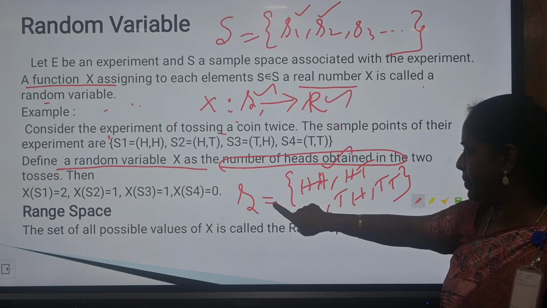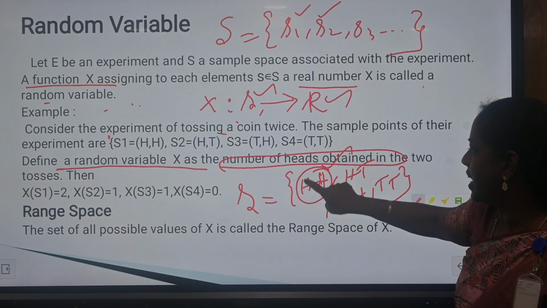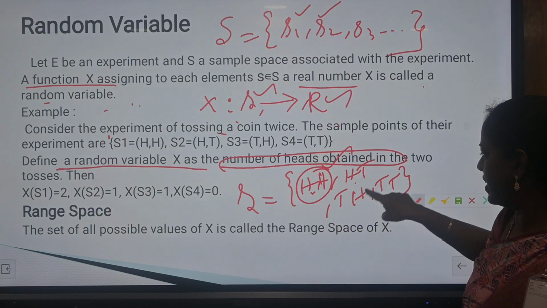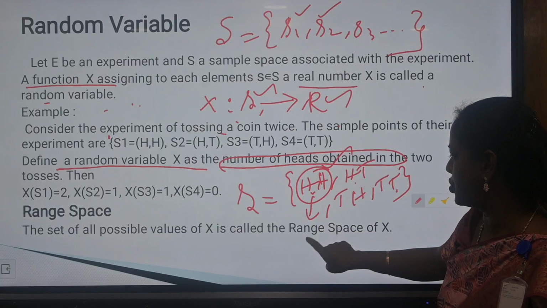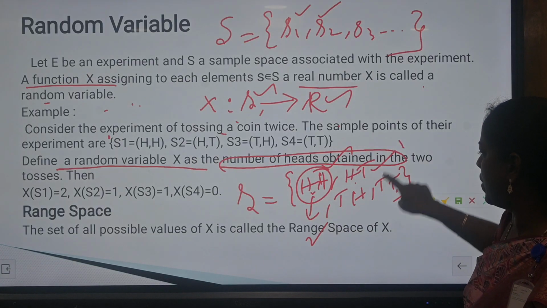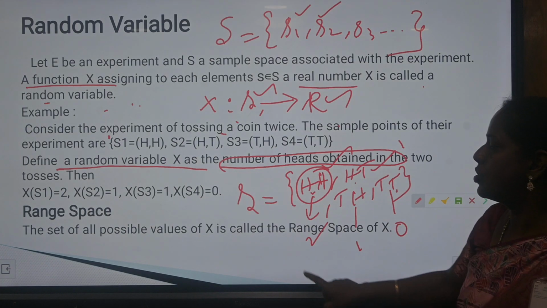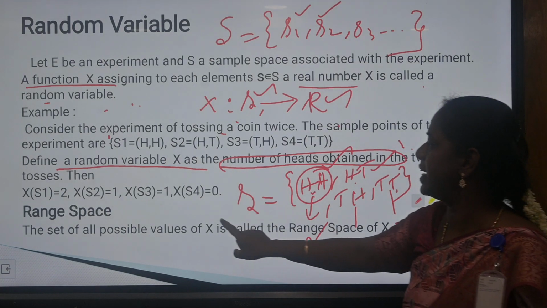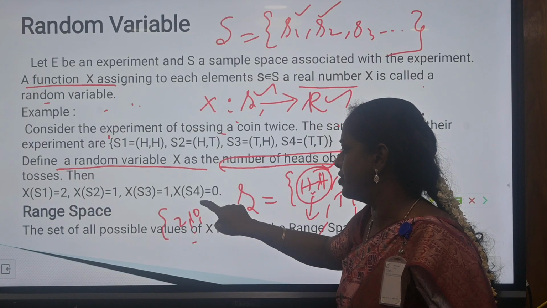Number of heads for HH is 2, for HT is 1, for TH is 1, and for TT is 0. So the possible outcomes are 2, 1, 1, 0.